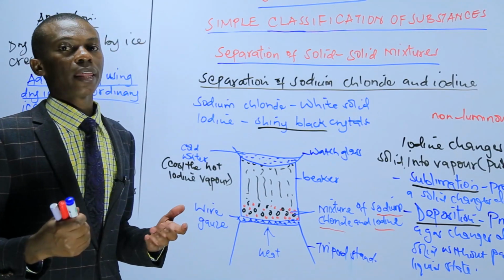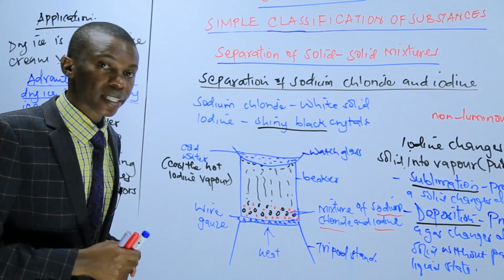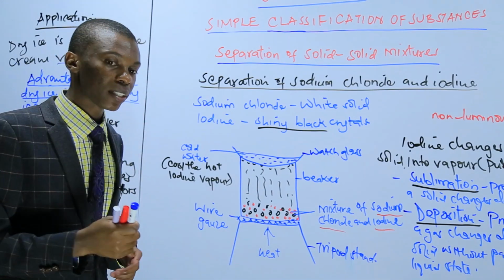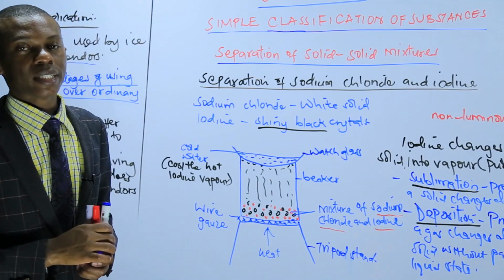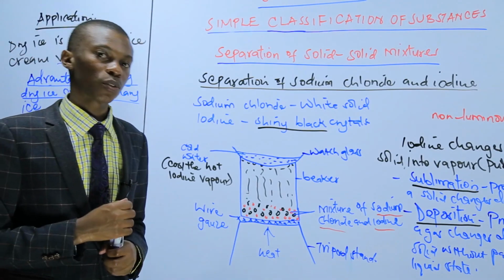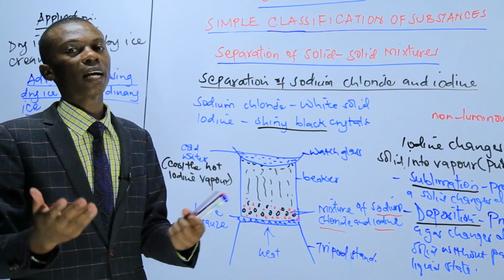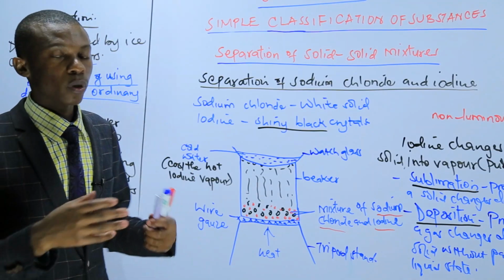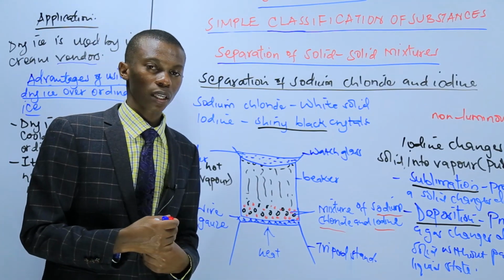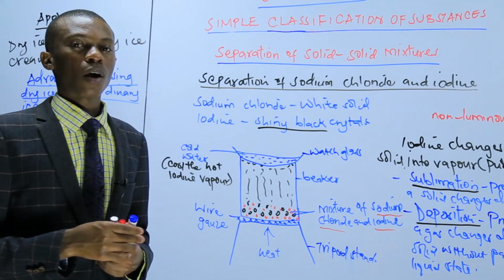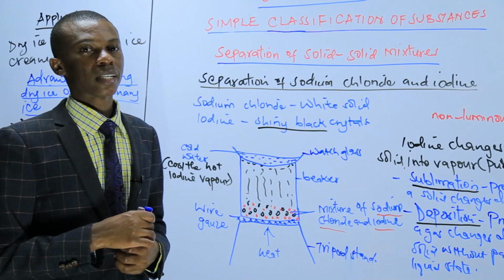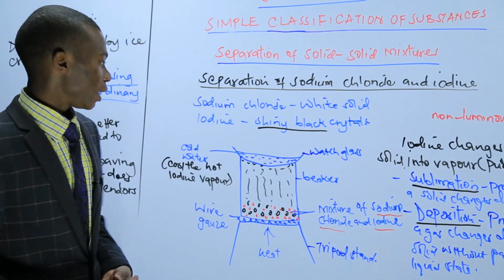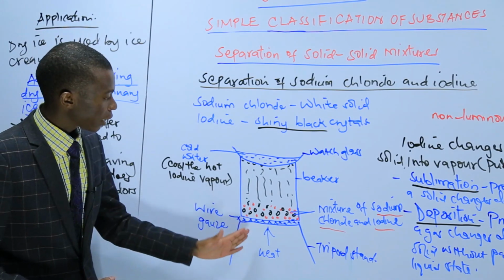I told you that sodium chloride is a white solid, while iodine is a shiny black solid, like shiny black crystals. When you mix them together, you have a white-gray solid.